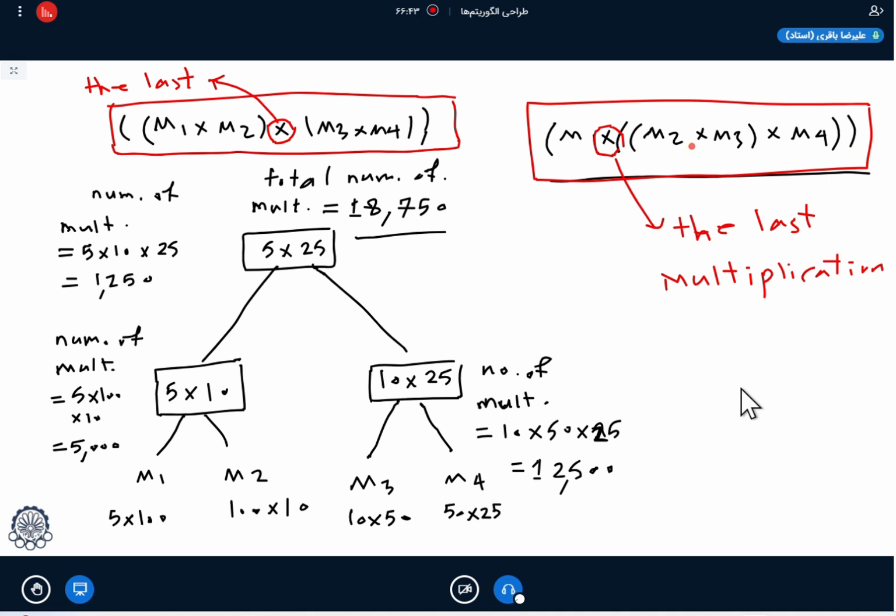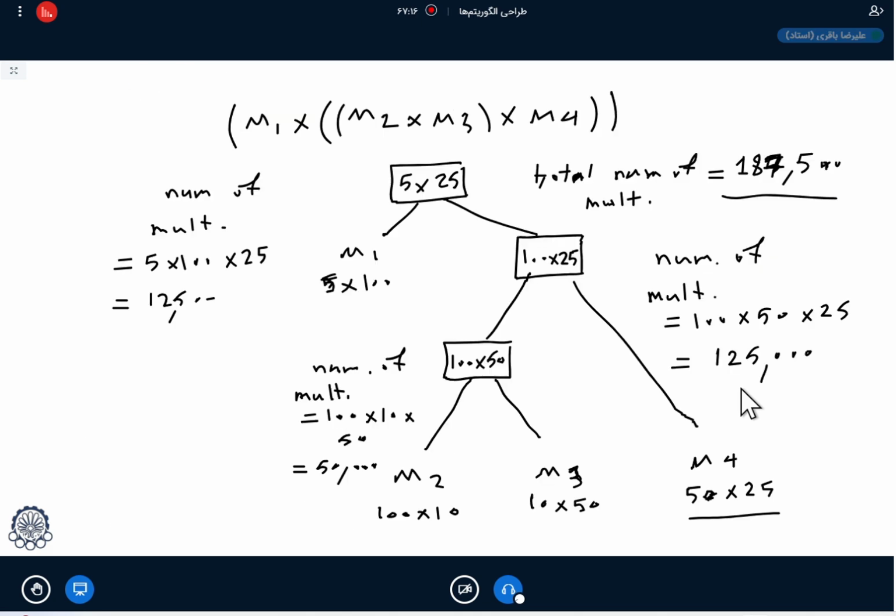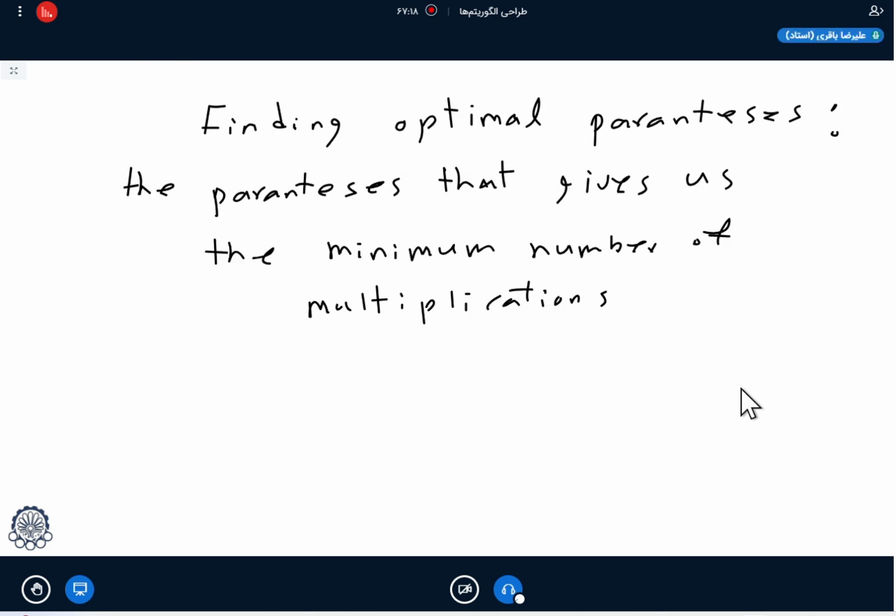In the right side, if we start multiplying M2 and M3, then we multiply the result by M4, then we multiply M1 to the last result, we get the right side parentheses. The question is, which one is better? From these two, the left side is better. But for all possible parentheses, what is the best? We are going to find the best.